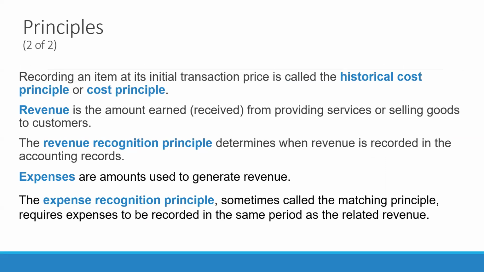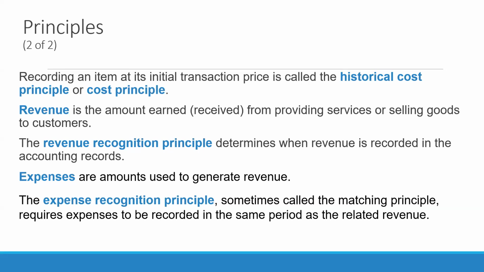Revenue is the amount earned or received from selling goods or services. Revenue recognition and expense recognition: these principles essentially mean that you have to record the revenues and expenses in the period that they're earned. That's also related to depreciation and historical costs that I was talking about earlier, and to the whole Xbox Live example that I was using earlier.